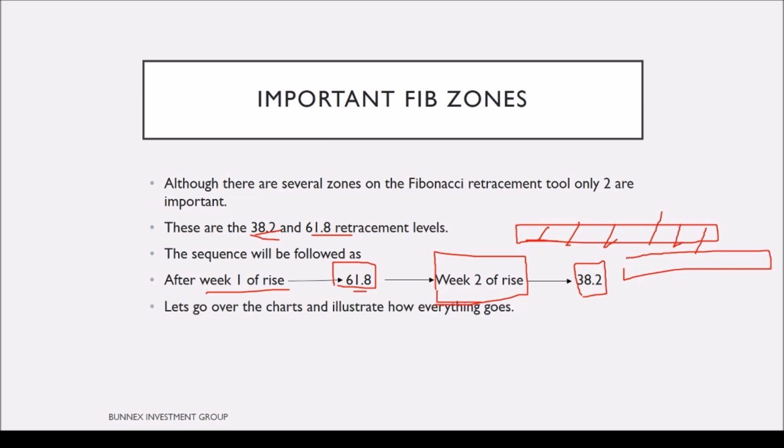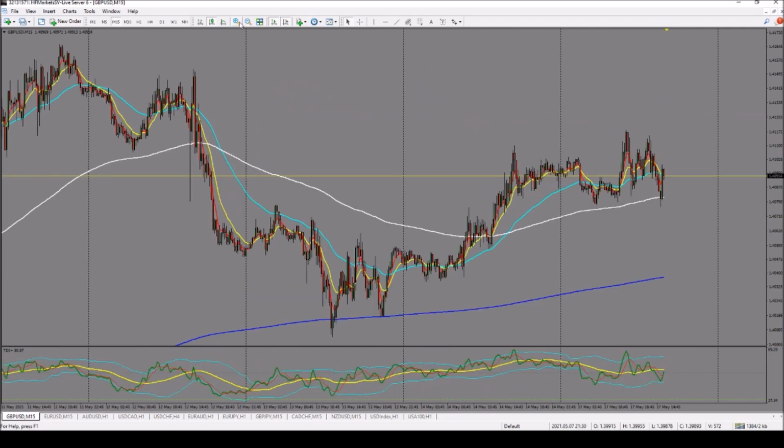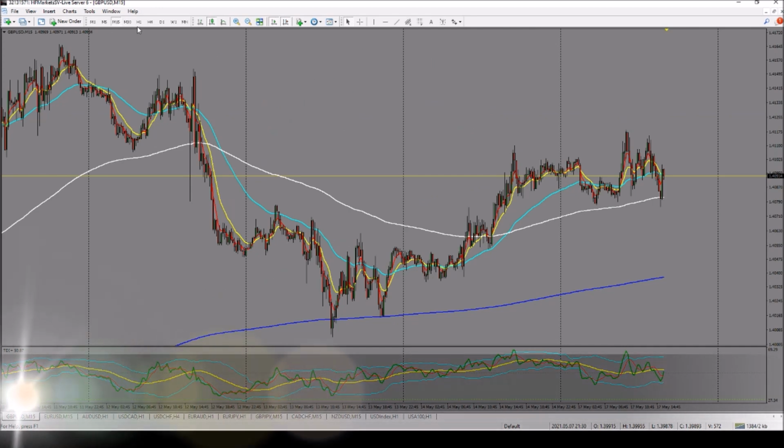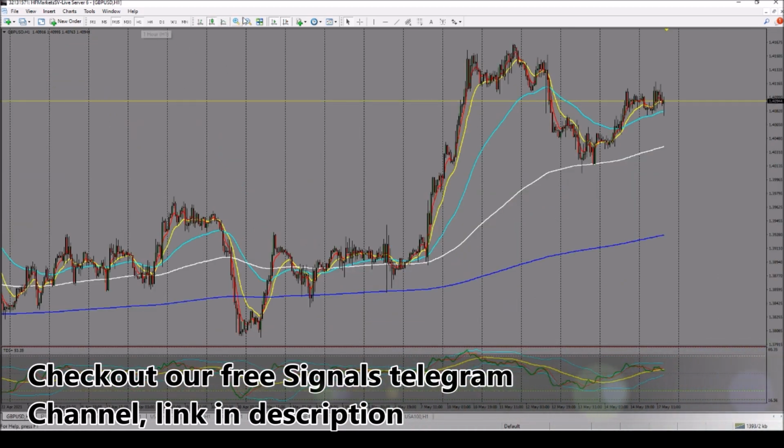So let's go over the charts and illustrate how everything goes. This is GBP against USD, and I'm going to use the 1 hour. As you can see, we are on the M15 time frame. I'm going to use the 1 hour time frame to do the explanation.